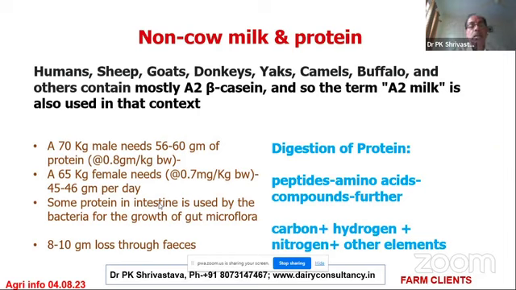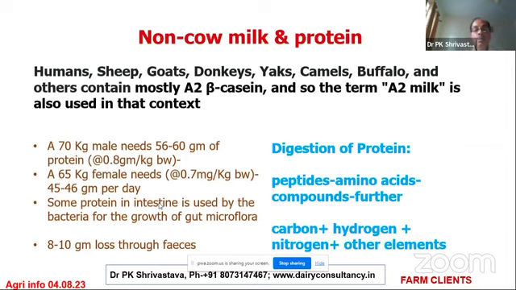Now we'll discuss a little bit on the protein. What is the requirement of protein for us? A 70 kg male needs about 56 to 60 grams of protein per day. Similarly, a female of 65 kg needs about 45 to 46 grams of protein per day.